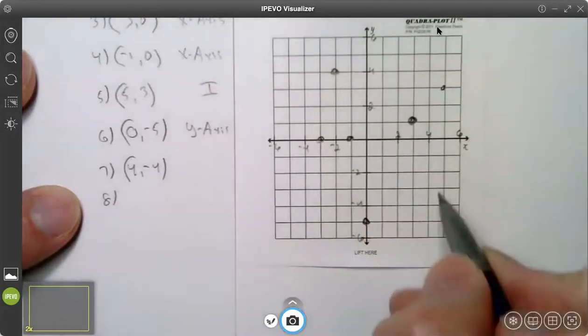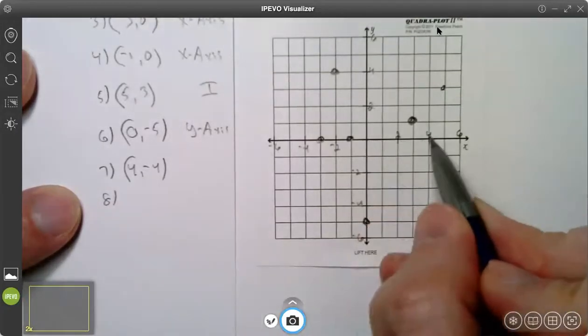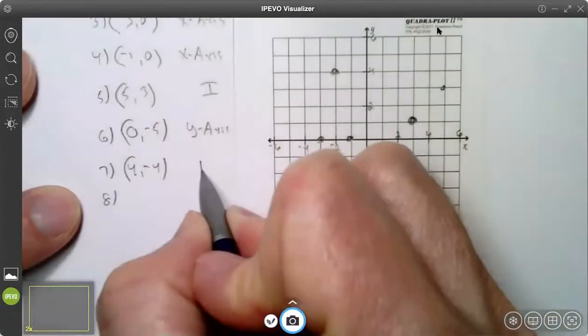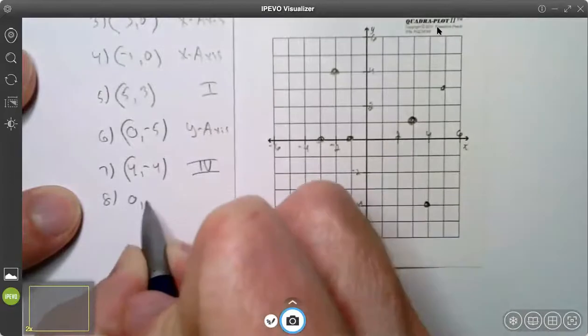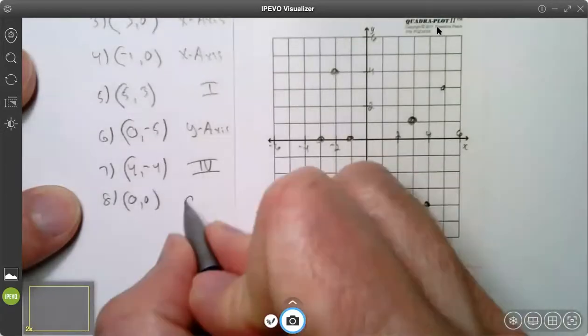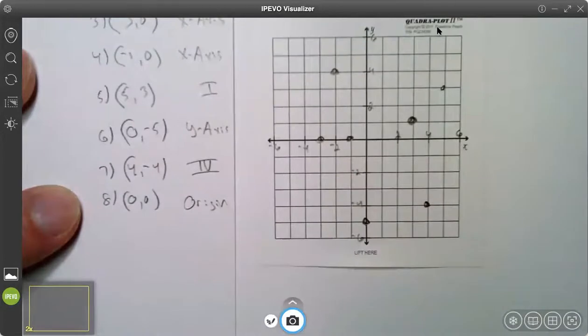You don't even have to pinpoint the spot. You just know right and down is going to be somewhere here in quadrant 4. 0, 0, where's that found? That is your origin. I think it's spelled O-R-I-G-I-N.